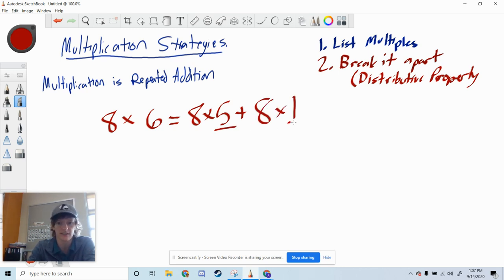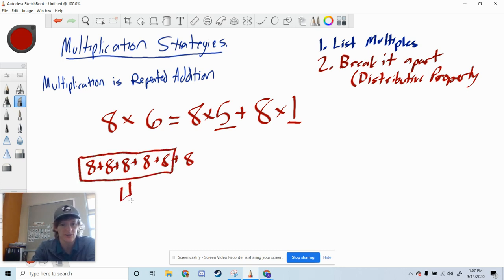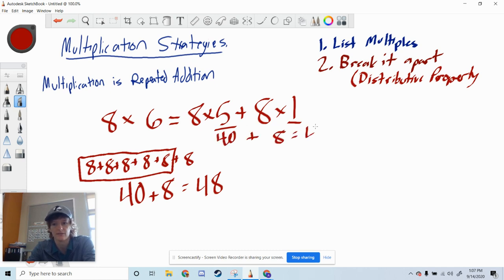Essentially, this is 8 plus 8 plus 8 plus 8 plus 8 plus 8. That's 1, 2, 3, 4, 5, 6. But I know what 8 times 5 is. 8 times 5 is 40. So now I just need to add 8 to that. And that should be 48. So right here I have 40 plus 8, 48.